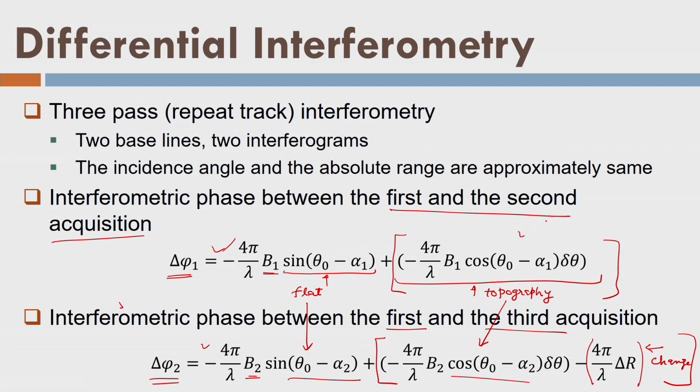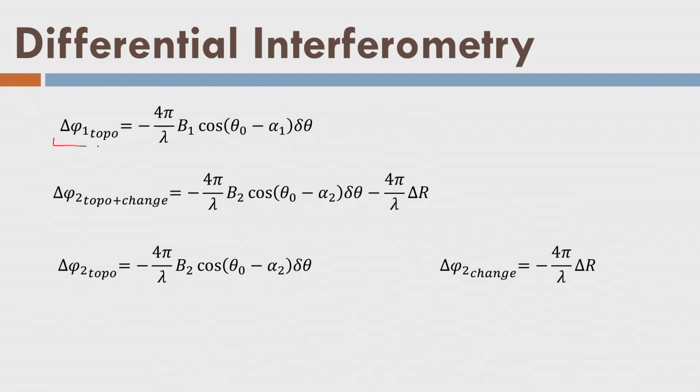So, let us consider these three factors 1, 2 and 3 in order to measure the change in the range or the change detection. We can write only the topographic term here for the first term, and here for the second term we can write the topographic term as well as the change term together like this. But the problem is we have different baselines. Because of the different baselines, there are two sensors of different characteristics.